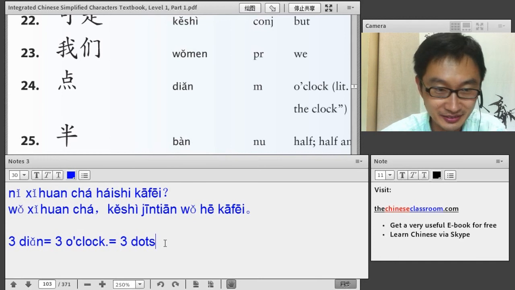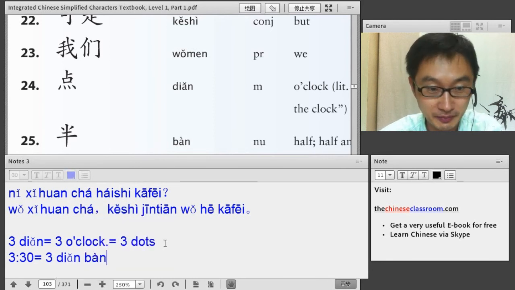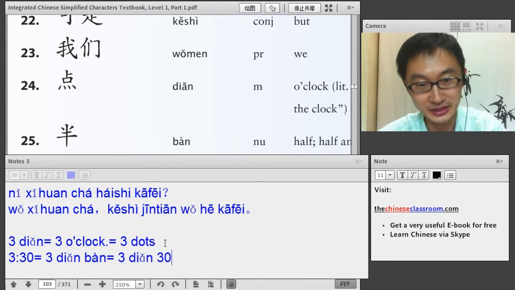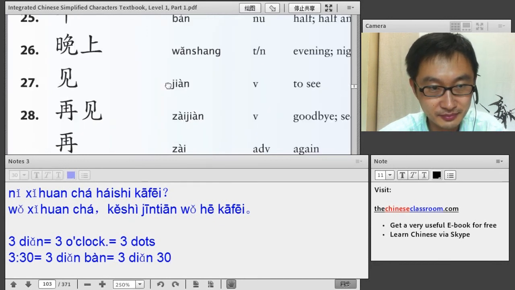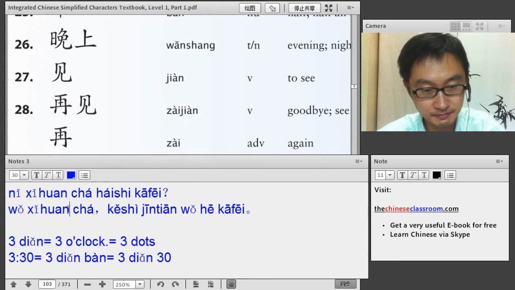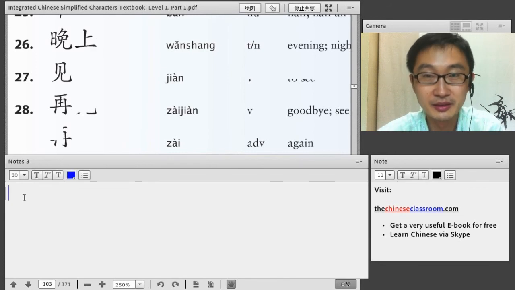And 3:30, how do you say? We will say 3点半. Of course, you can say 3点30, 3:30. Okay, so let's look at here. 晚上, evening.